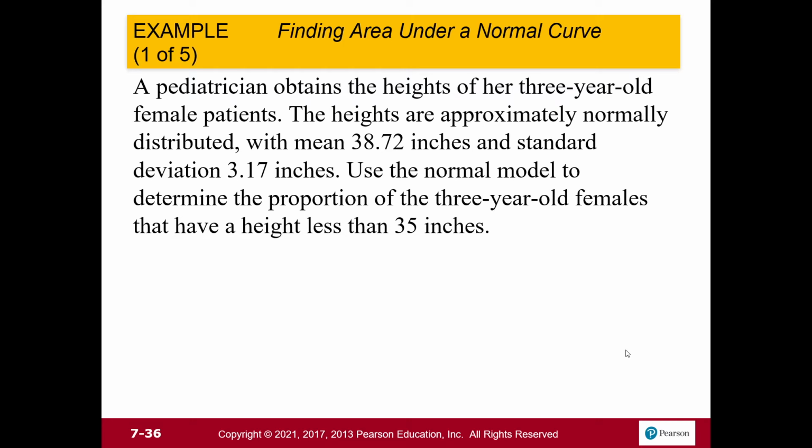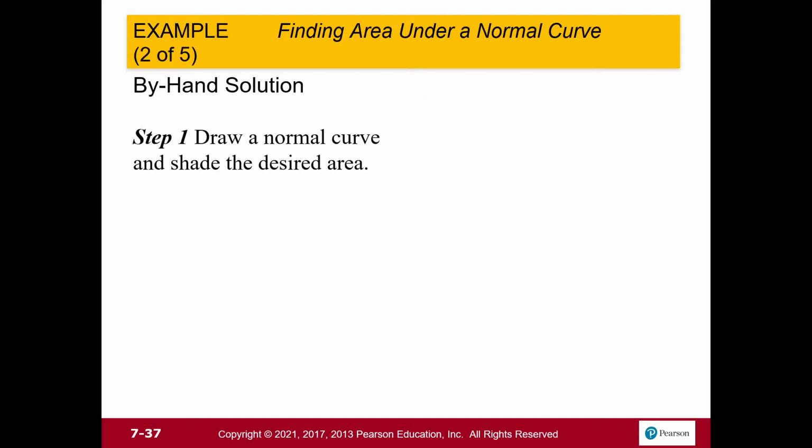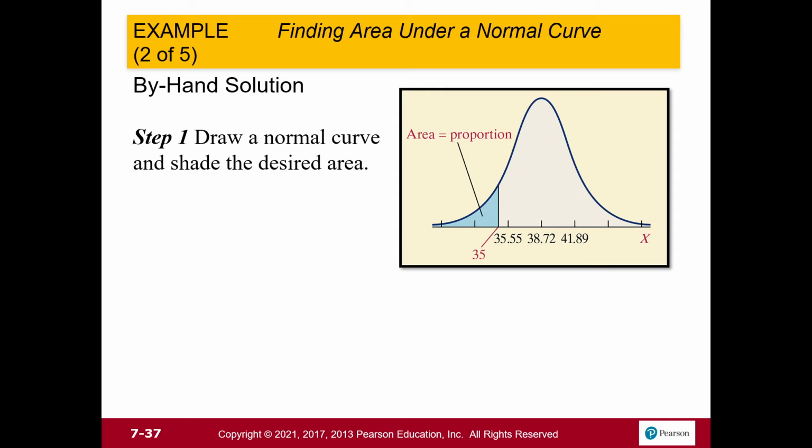Here they're saying the heights of 3-year-old girls are normally distributed with a mean of 38 and standard deviation 3.17. Use the normal model to determine the proportion of 3-year-old females that have a height less than 35. It's always a good idea to draw out the normal curve and then shade the desired area.